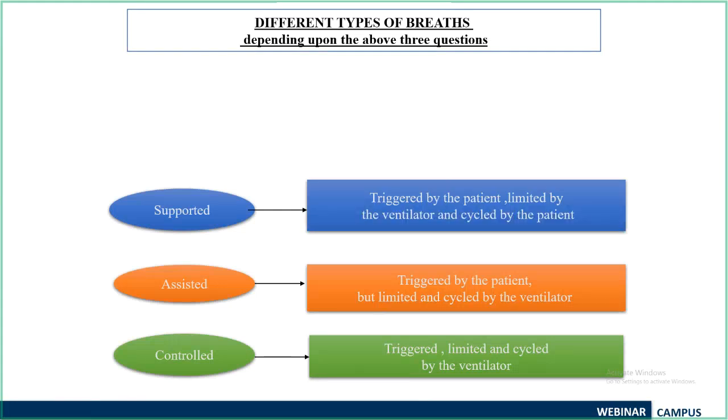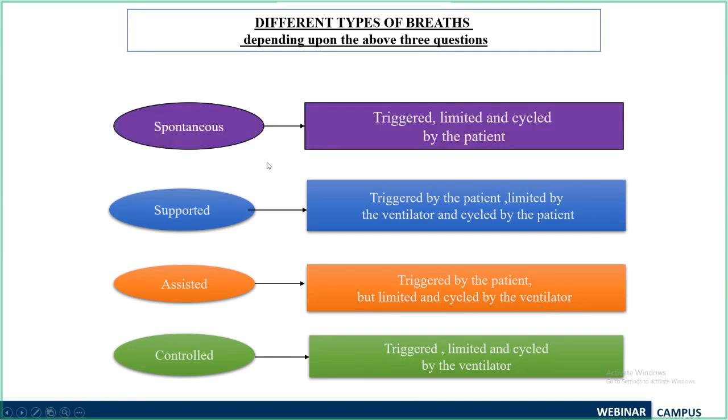Then we have supported breath. This is again triggered by the patient, limited by the ventilator, and cycled by the patient. Here it is cycled by the patient, but in an assisted breath it is cycled by the ventilator. And we have a spontaneous breath, which is completely controlled by the patient.